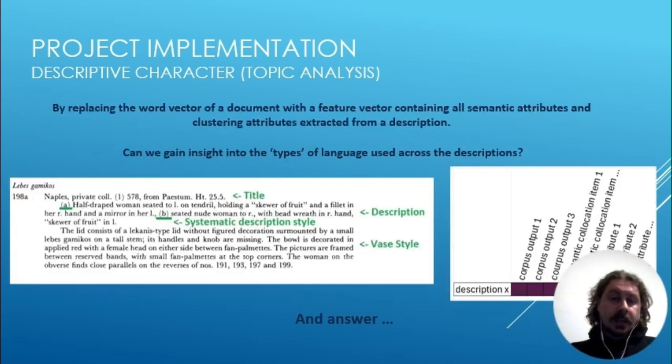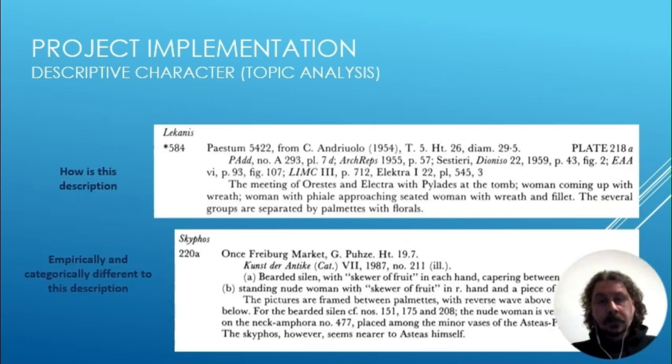So we're going to attempt to essentially answer the question: if we take these textual descriptions and break them down analytically into a rich feature vector containing any number of natural language processing techniques, can we answer empirically how similar two descriptions are?